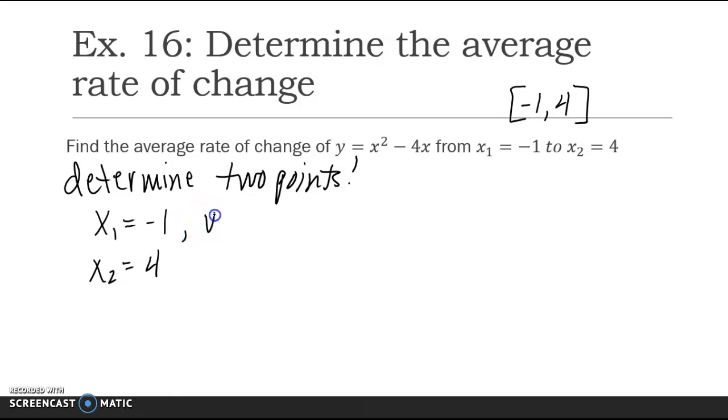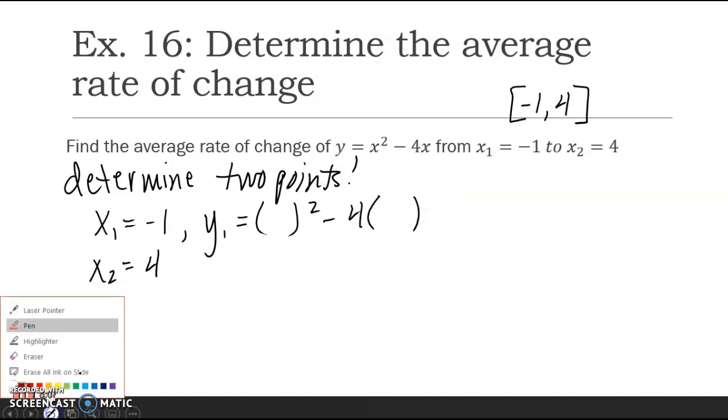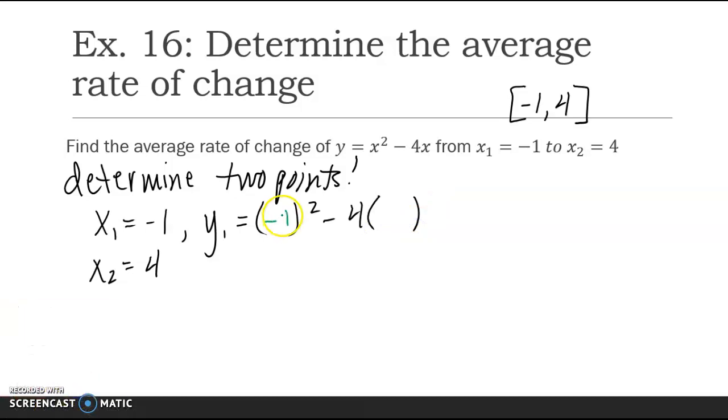Now I need my corresponding y values. How do I get my y value? I plug my x value into my function. First I'm going to replace my x's with -1. -1 squared is +1. -4 times -1 is +4, so it gives me a corresponding y value of 5.